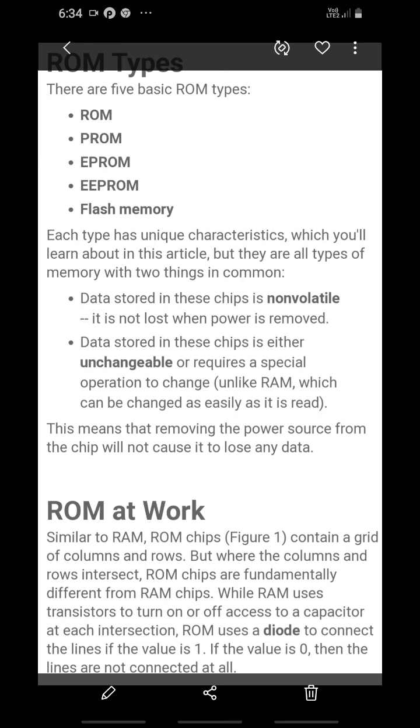While RAM uses a transistor to turn on or off access to a capacitor at each intersection, ROM uses a diode to connect the lines if the value is 1. If the value is 0, then the lines are not connected at all.